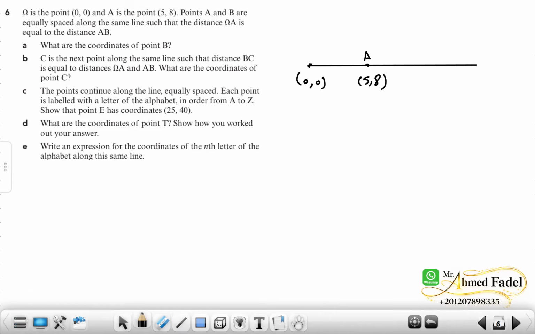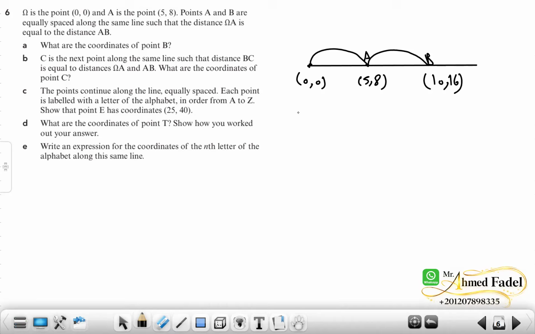And they said that the space from this to this is equal to the space from A to B. So here I'm adding a 5 to the X, adding an 8 to the Y. So it's going to be 10, 16.